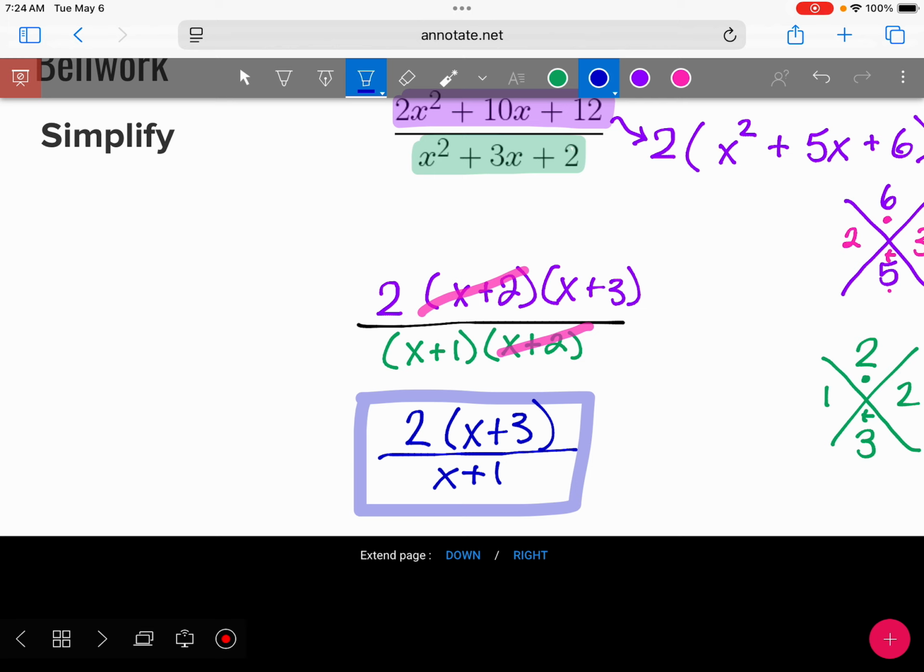So that's our answer. We don't need to distribute the 2 if we have only factors at the top. If I had an additional plus 2 on the end, then we would want to distribute that so we can combine our like terms, but we don't have to distribute that right here. You can if you want to. If you want to put it as 2x plus 6, totally valid.